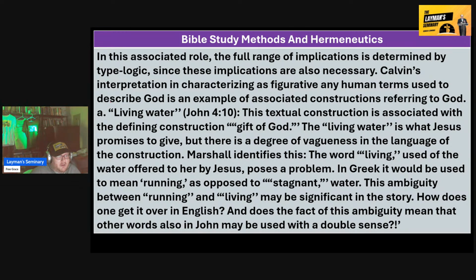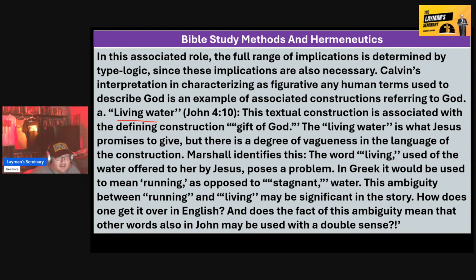A. Living water. The textual construction is associated with the defining construction gift to God. The living water is what Jesus promises to give, but there's a degree of vagueness in the language of the construction. Marshall identifies this. The word living used of the water offered to her by Jesus poses a problem. In Greek, it would be used to mean running as opposed to stagnant water.